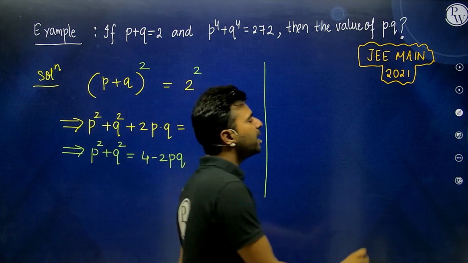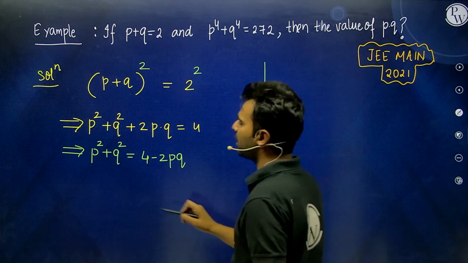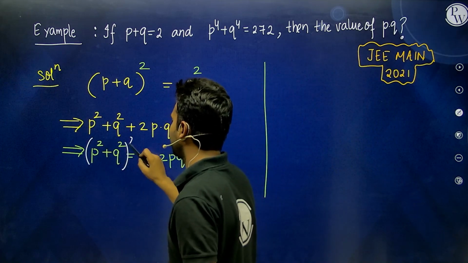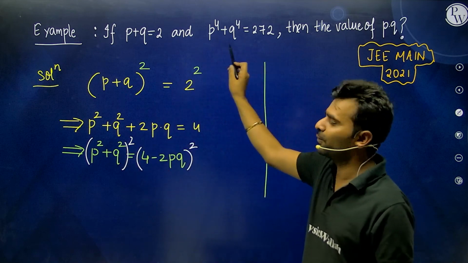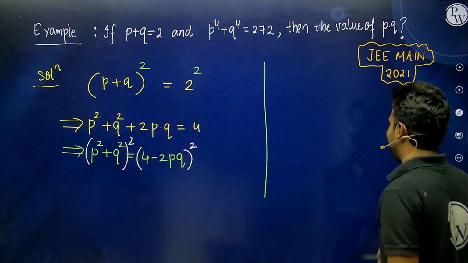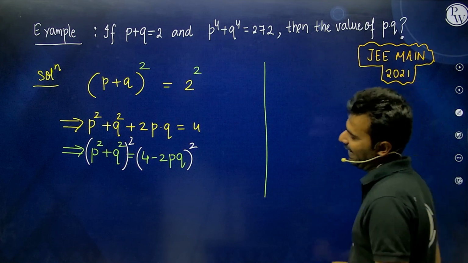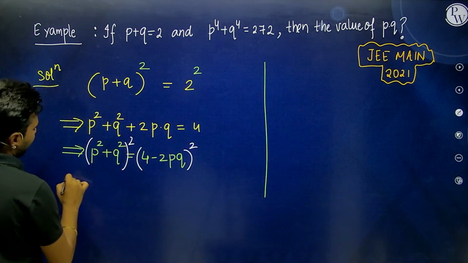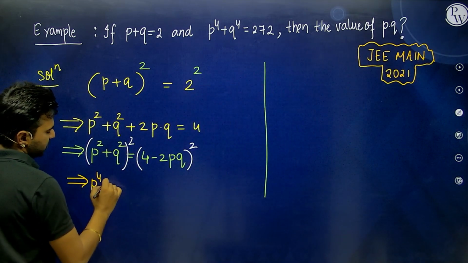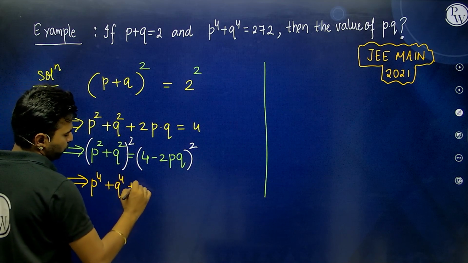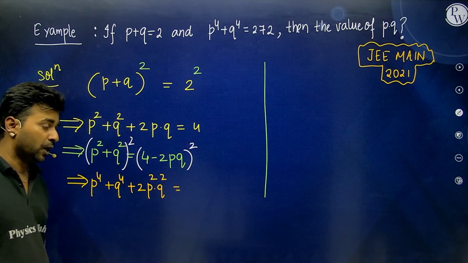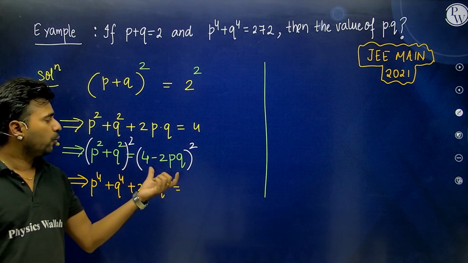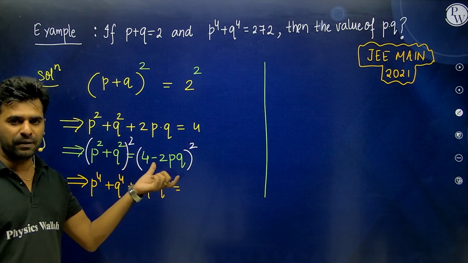Squaring again both sides. Will you be getting p^4 and q^4 terms? And don't you think that you need such kind of terms because this thing was already given to you? Yes, let's try to solve this a bit, guys. So we can get p^4 + q^4 + 2p²q² is equal to. On the right hand side also, we can apply (a - b)^2.